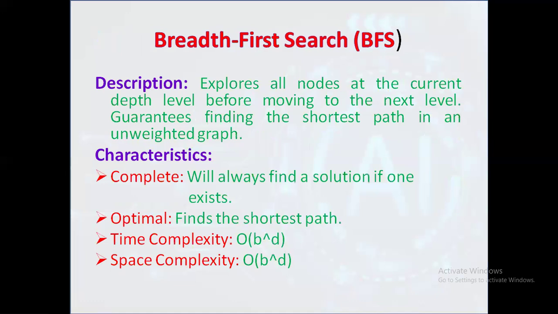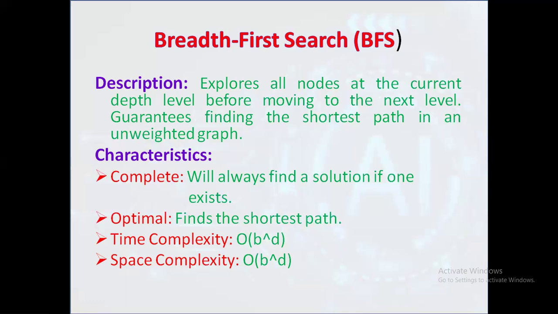First, we'll see, under the uninformed search, the introduction to breadth first search. We are calling this BFS. BFS represents breadth first search. Breadth first search is a search algorithm that explores all nodes at the current depth level before moving on to the next level.